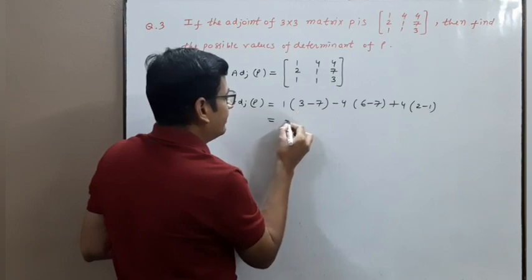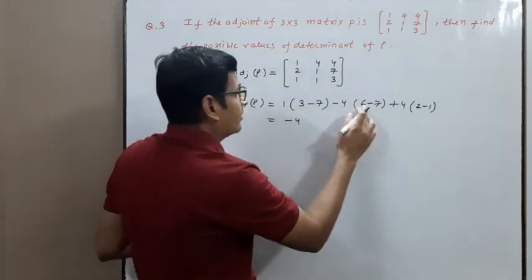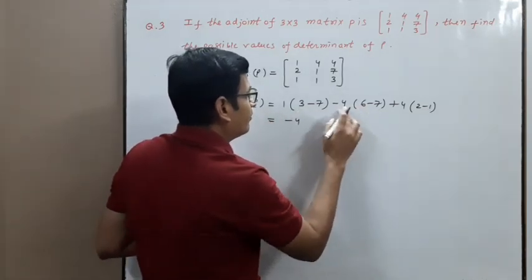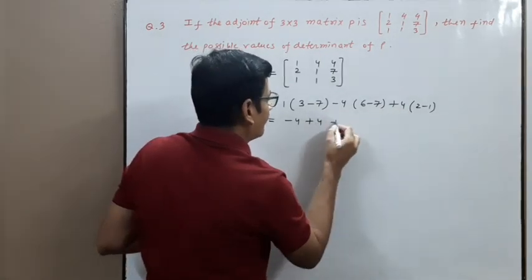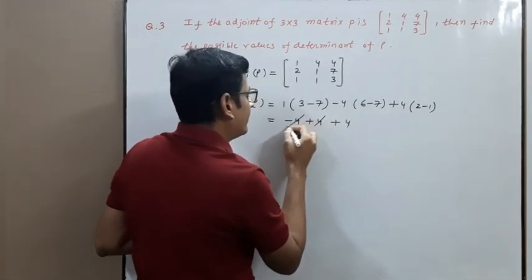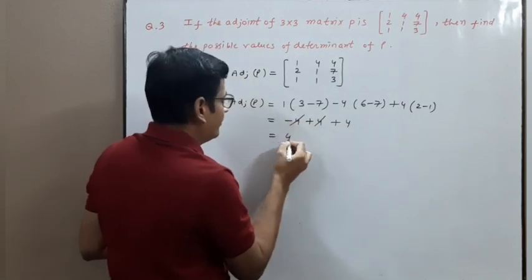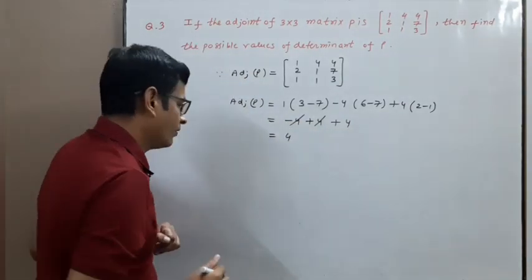That is 3 minus 7, minus 4, 6 minus 7, minus 1, or minus 4 plus 4 and plus 4. The 4s cancel, so we get 4. So value of determinant of adjoint P equals 4.